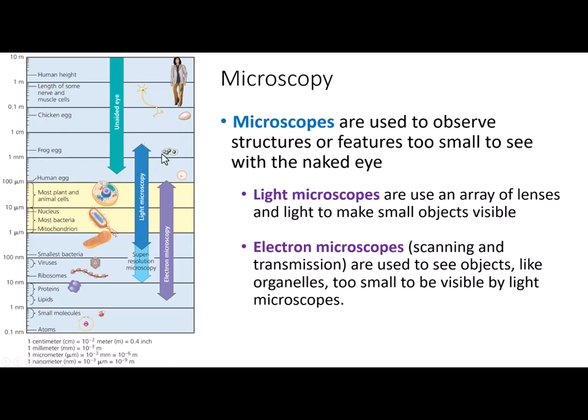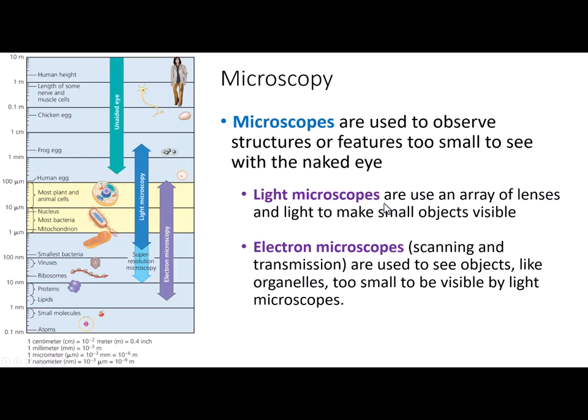These are smaller eggs, plant cells, animal cells, prokaryotic organisms, and some cellular organelles. When we get down to viruses, ribosomes, and proteins, we need to look with electron microscopy.